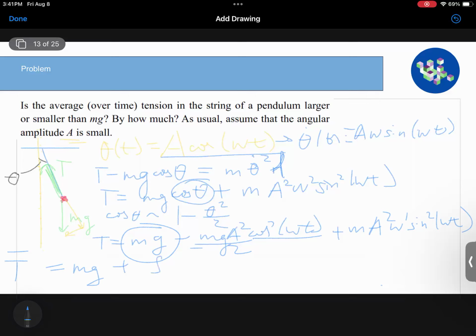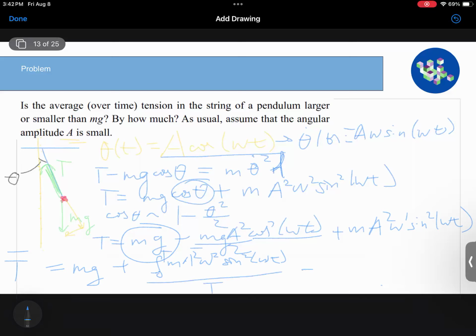So if I integrate m a squared omega squared sine squared omega t, it's getting a bit messy. Sine squared omega t goes from 0 to the period, and divide by the period, right?